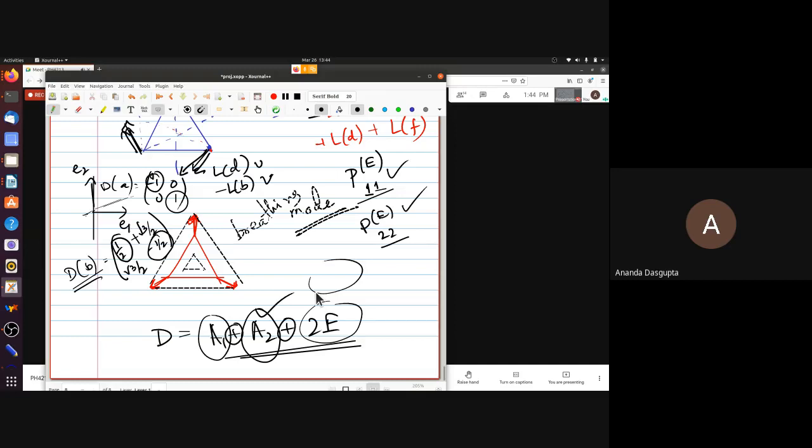But how do we find them out? The answer is you apply the projection operators corresponding to each of these representations on some arbitrary vector. You may end up with 0. If so, hard luck. But if you don't get a 0, you get a vector which carries the representation A1.